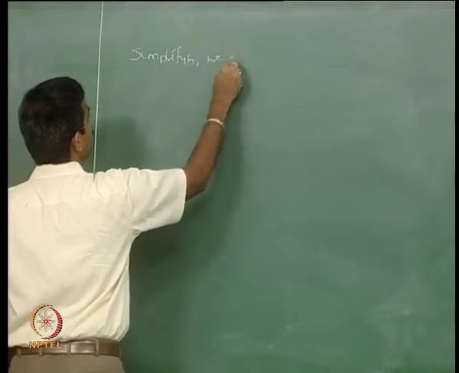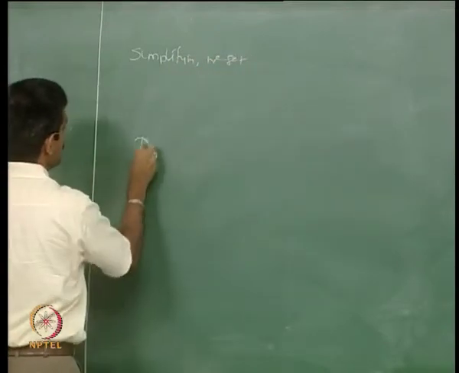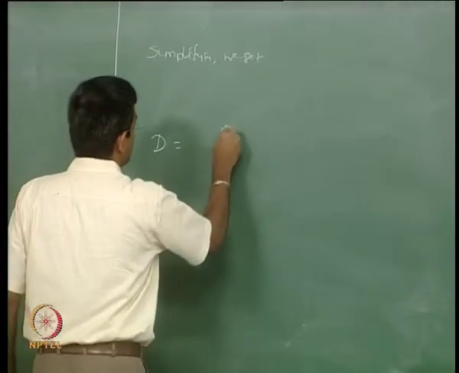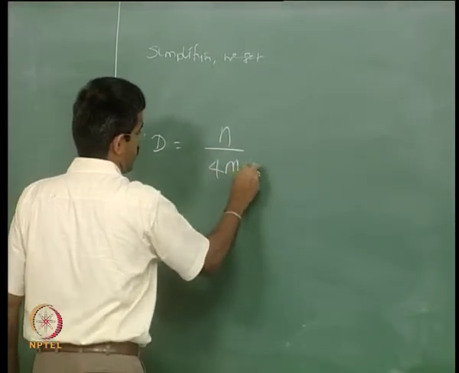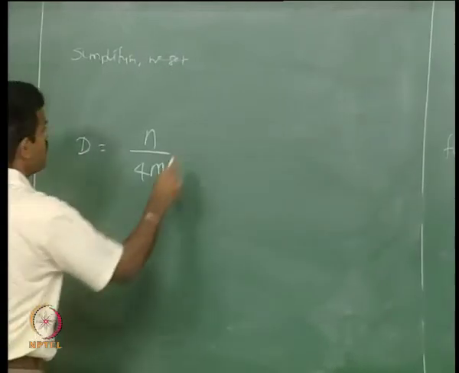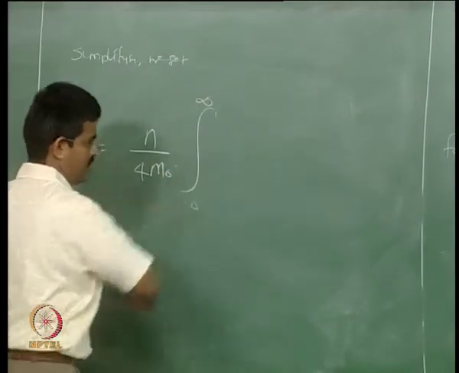we get, I am rewriting this, D can be said as n by 4 m naught, I take it out, integral from 0 to infinity.